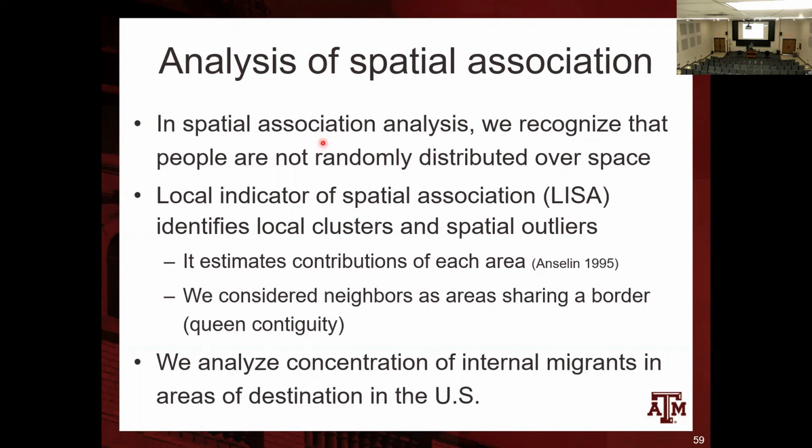The main idea is that we know in spatial association that people are not randomly distributed over space, right? We know that more people live in big cities. And because of that, we also know that people move with higher chances to some areas than to others.